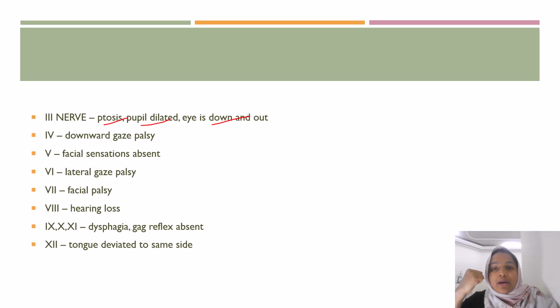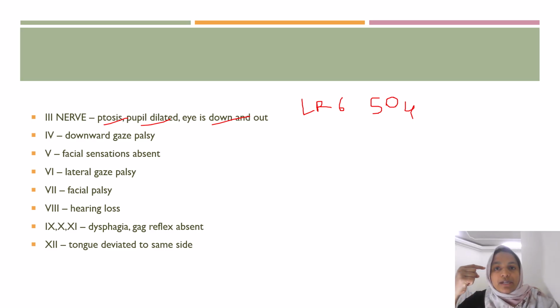The eye is down and out because the oculomotor nerve is the one supplying all the extraocular muscles except LR6-SO4. LR6-SO4 means lateral rectus is supplied by the 6th cranial nerve, which is the abducens nerve, and the superior oblique is supplied by the 4th cranial nerve, which is the trochlear nerve. Except these, all the extraocular muscles are supplied by the oculomotor nerve.